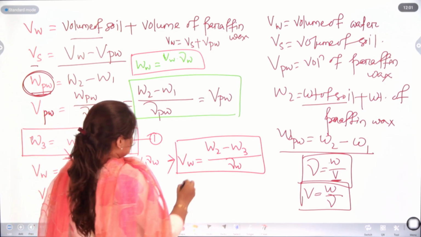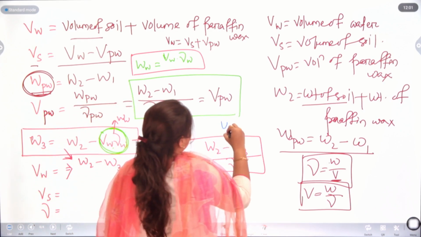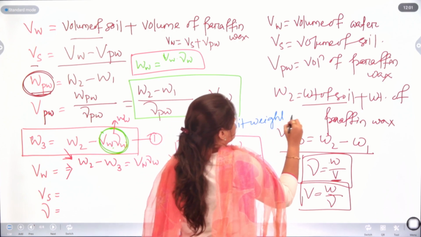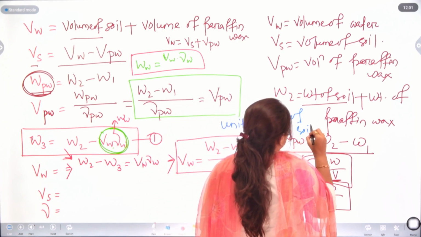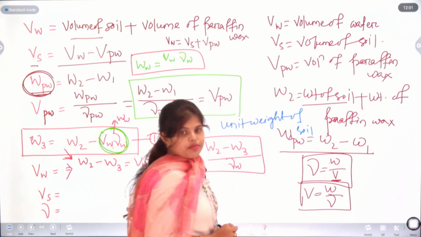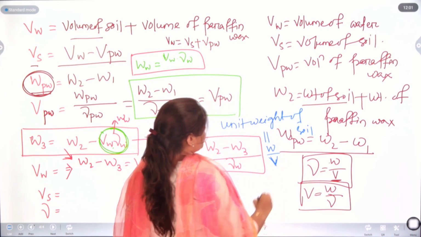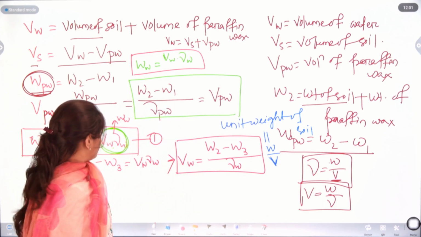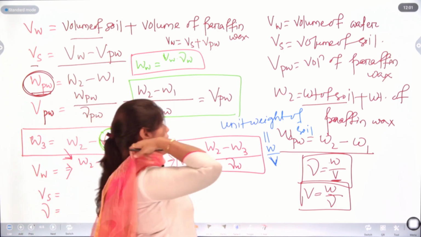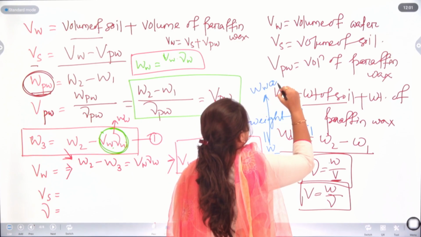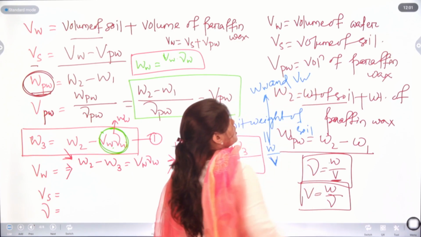As we need to find out what? Our unit weight of soil. To find out the unit weight of soil, we need weight upon volume. Now, till now, we have the weight of water Ww and Vw.